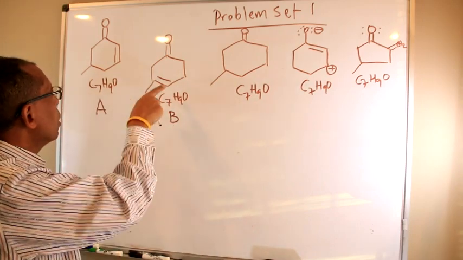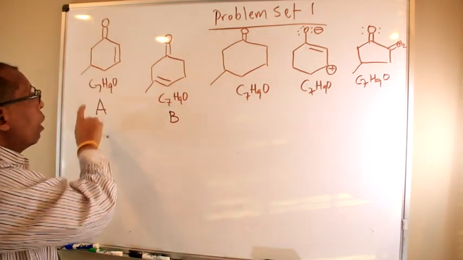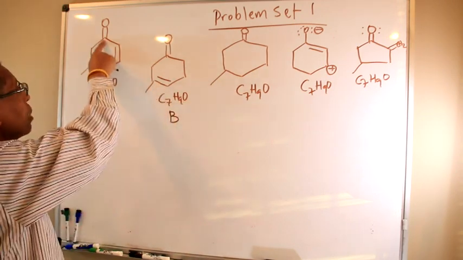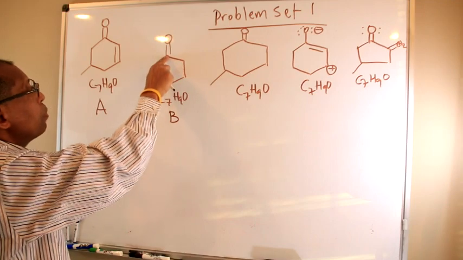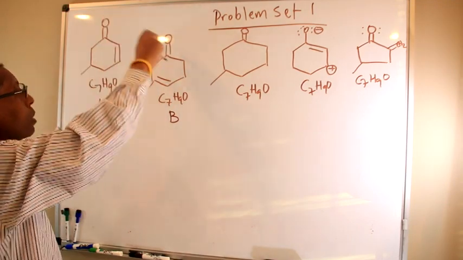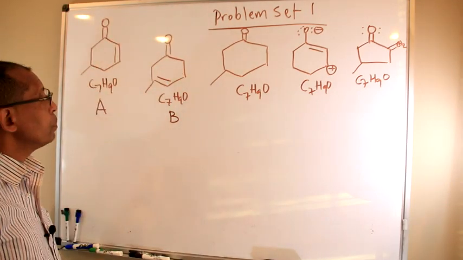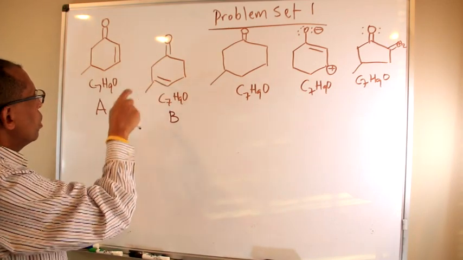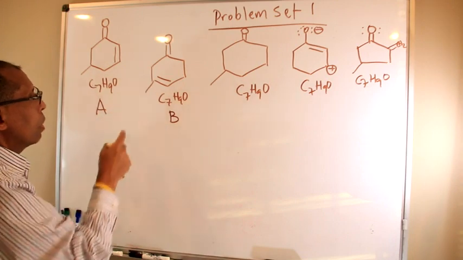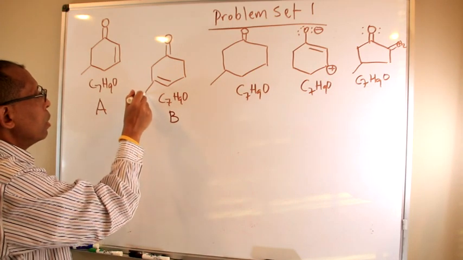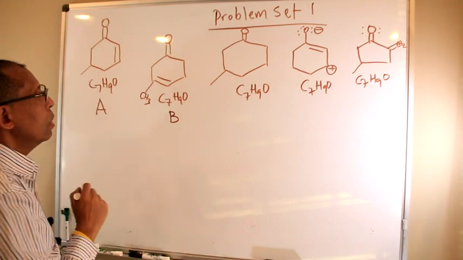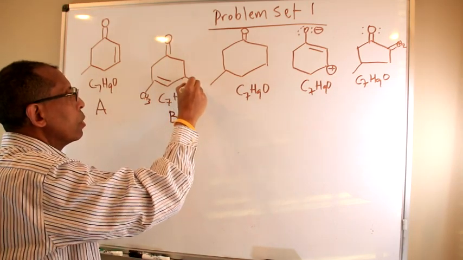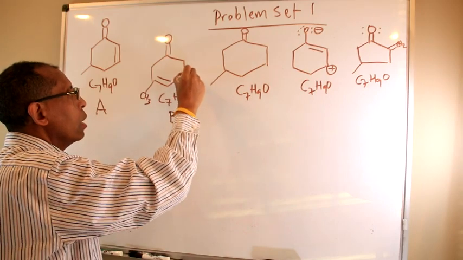Compound B, how is it related to compound A? There is carbon here, there is oxygen, there is a double bond here at this position, and there is one CH3 here. Remember, this means CH3. Each of these carbons has 2 hydrogens, one in, one out.